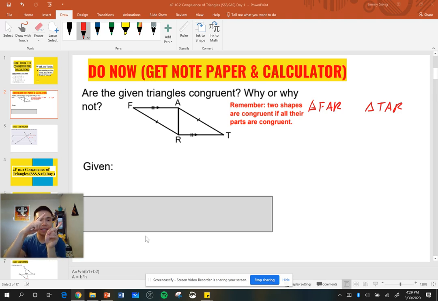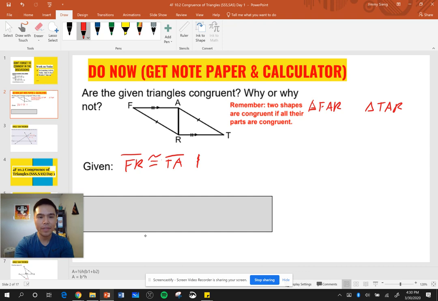And then with the diagonals, I have one dash, okay? That tells you that those two sides are congruent to each other, okay? So I need to be comfortable writing it out as FR, which corresponds with TA. So FR is congruent to TA, okay?